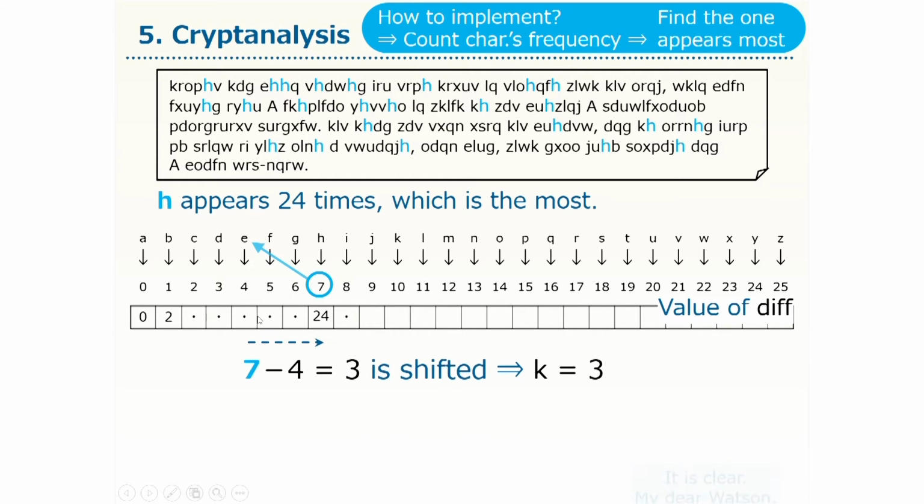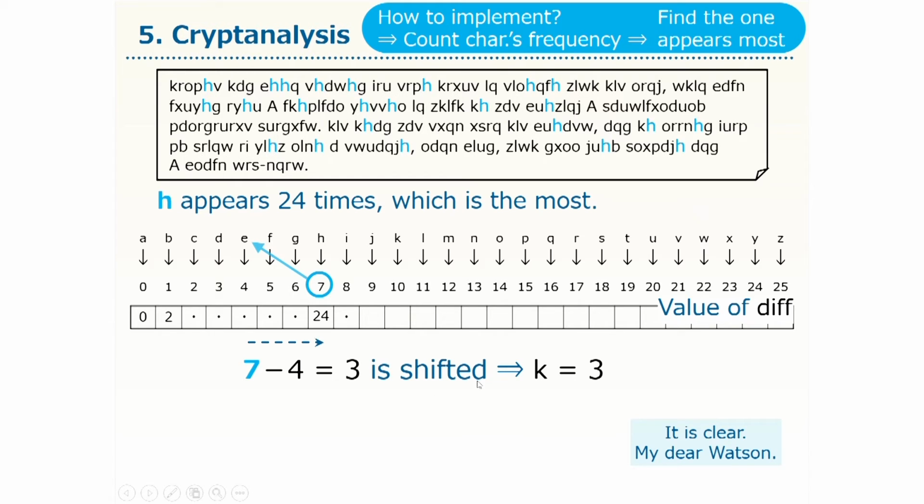This means the letter at index 4 should have appeared most frequently, but H, at index 7, appeared most frequently in this ciphertext. That is, E at index 4 is shifted to 7. Then we can consider that the letters are shifted by 3. That is, k is 3.